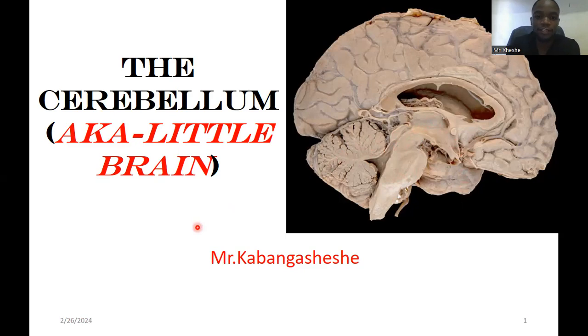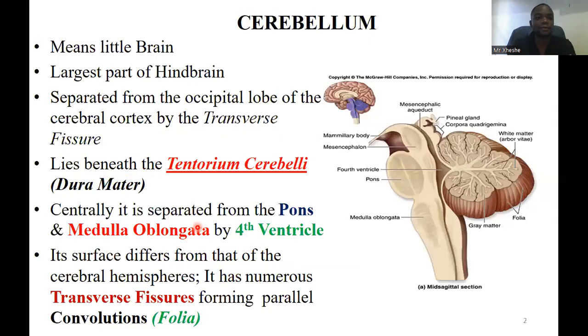Okay, so let's go on and look at more details about the cerebellum. We're saying the cerebellum is the largest part of the hind brain. This is the midbrain, or what we can call the mesencephalon. Pons, medulla oblongata plus the cerebellum forms the hind brain.